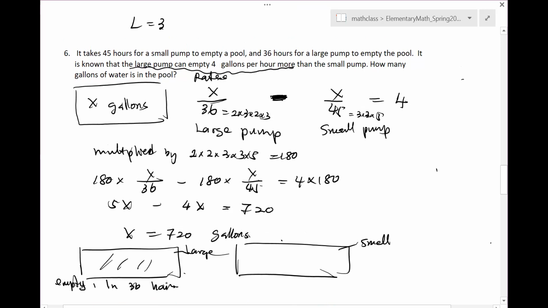Now, how much time is left for the small pump? Well, 45 minus 36.